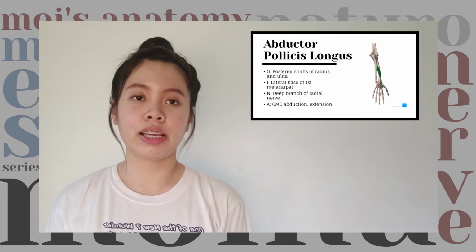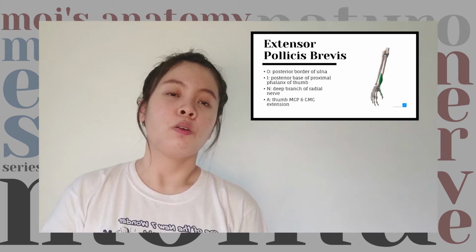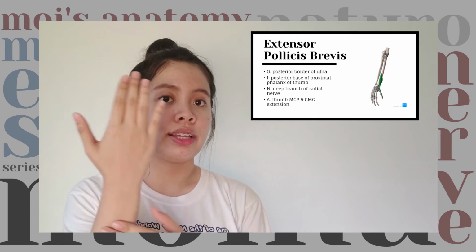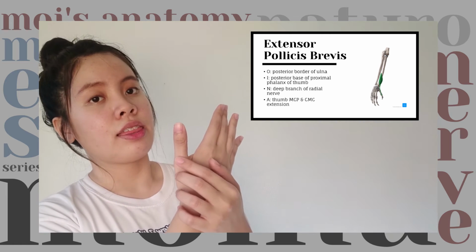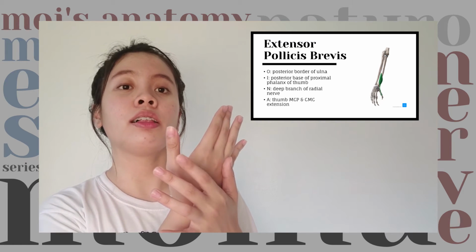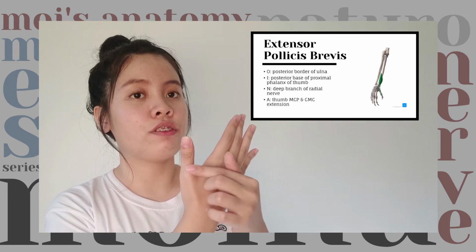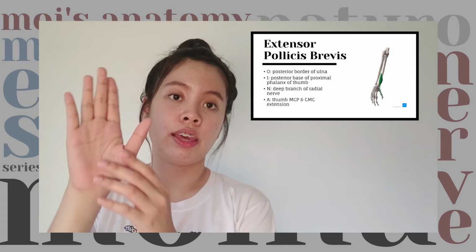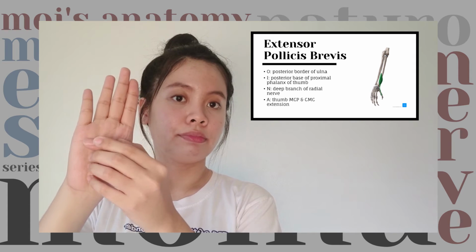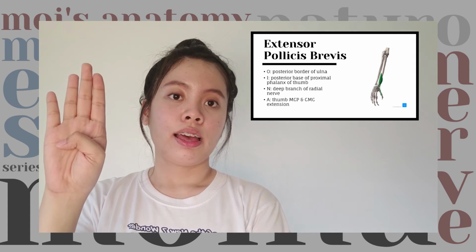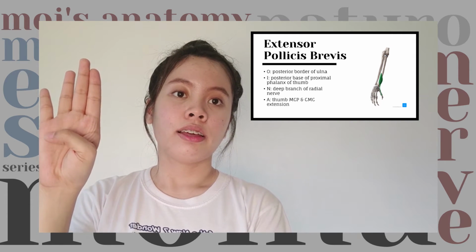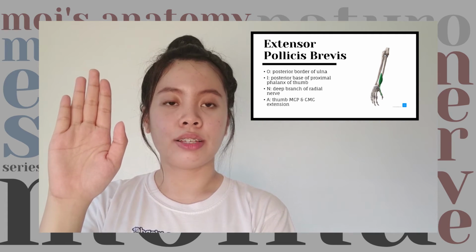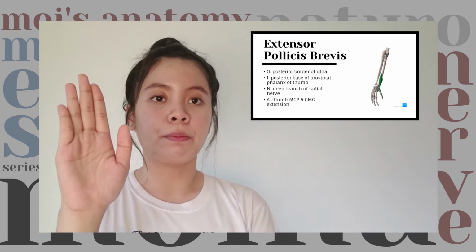Next we have the extensor pollicis brevis, which originates from our posterior border of ulna and inserts to the base of the proximal phalanx of our thumb. So it functions in extending the carpometacarpal joint and the metacarpophalangeal joint of our thumb.